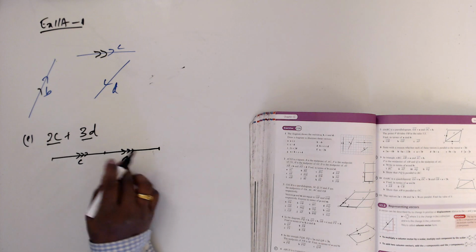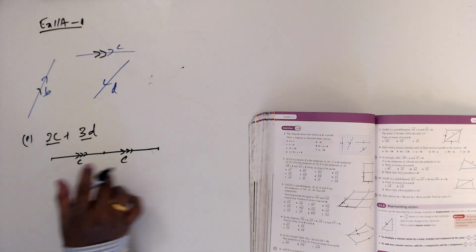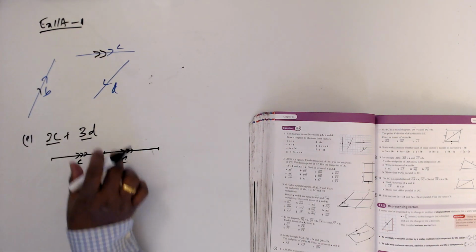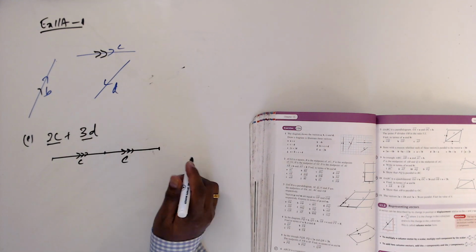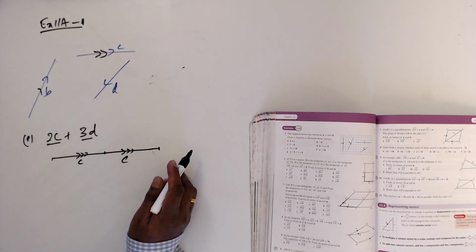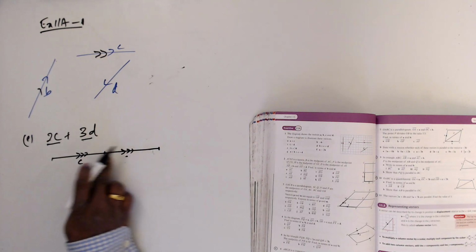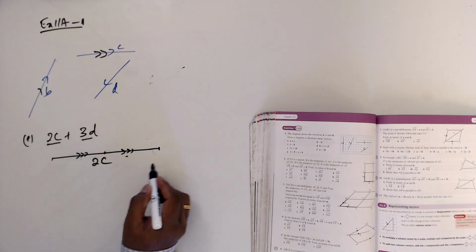Another equal vector for C. So two equal vectors I create. So this is the main one, and this is 2C. C and C. So I can simply write this is 2C.